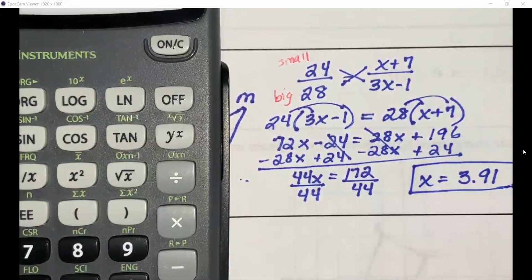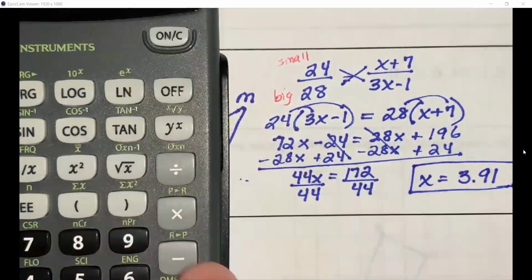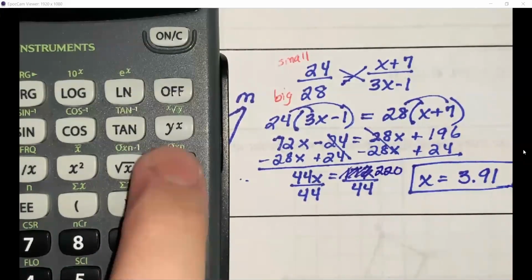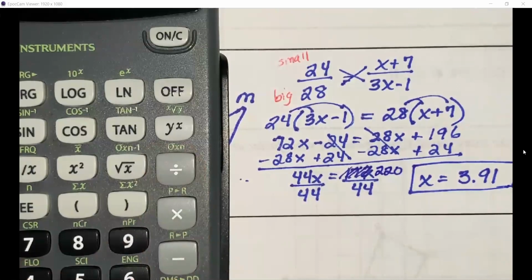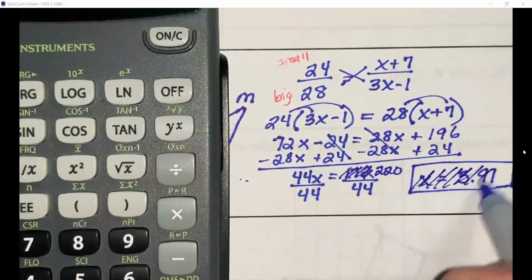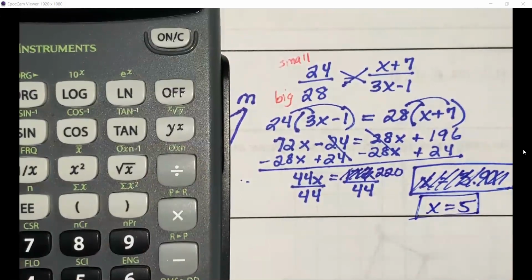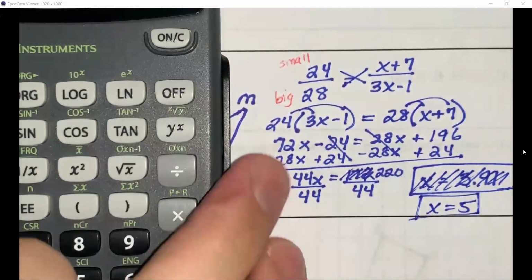Oh, this is plus 24. 196 plus 24 is 220. So divided by 44 is 5. So x is equal to 5. I was going to say, usually the numbers come out nicer. My bad, I subtracted 24 by accident. Thank you for pointing that out.